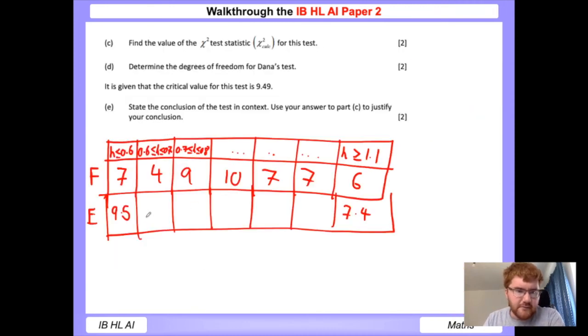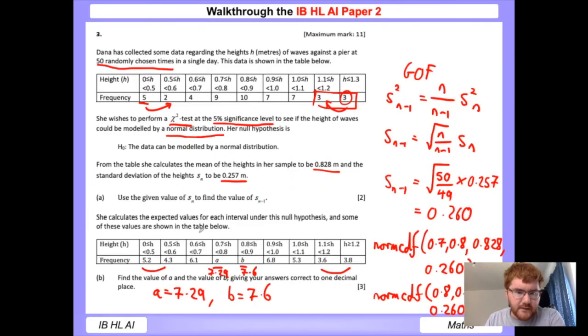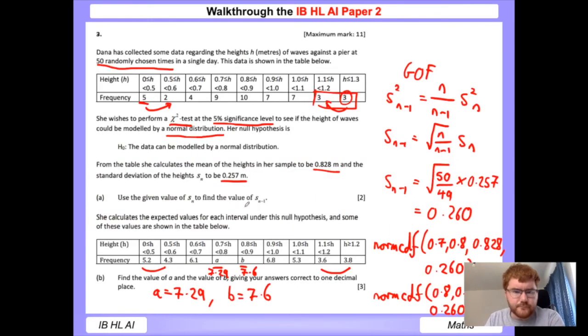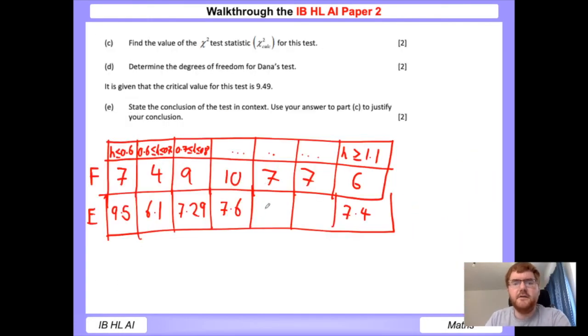Just checking we've got everything correct here. So 6.1. Yeah, and we just copy these across to 7.29, 7.6, and what are the last two? 6.8 and 5.3. So we've got everything there. Okay, this will give you a more reliable chi-squared statistic.